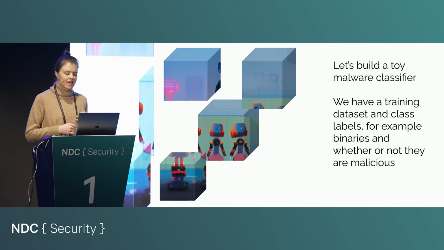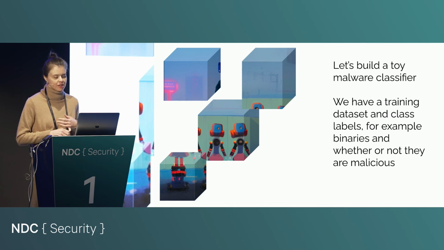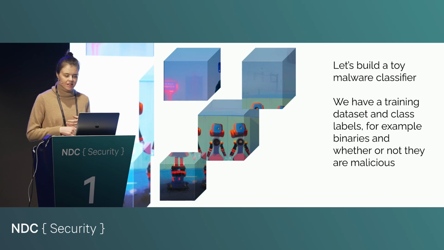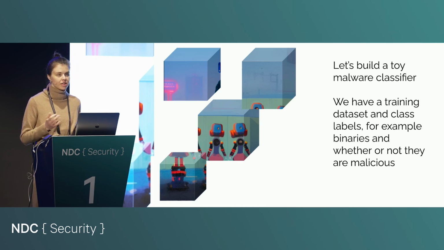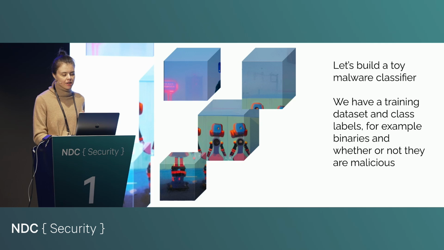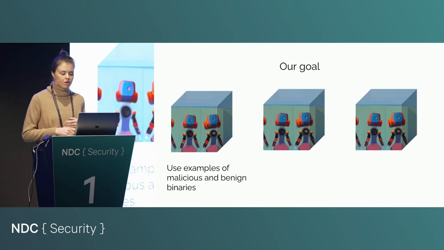This is a classic example of a supervised machine learning problem. So we have a training data set. Say we've gotten some goodies from VirusTotal, and we've maybe rated some Windows binaries. So we have a 2-class training data set of our malicious binaries from VirusTotal, and then we have some benign binaries that we know are benign, at least hopefully. So what's our goal here?